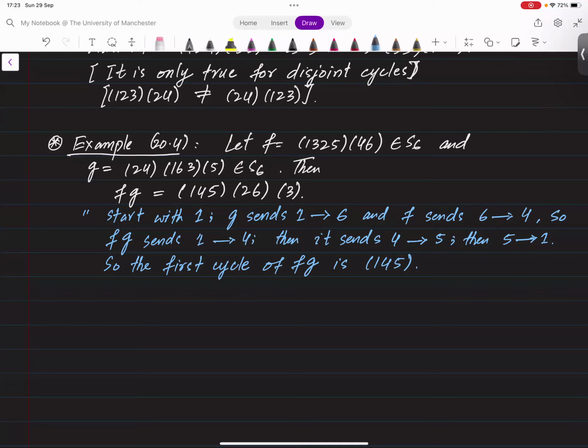Now look at 2, because after 1 we have 2, which is not in 1, 4, 5. FG sends 2 to 6 and 6 to 2.